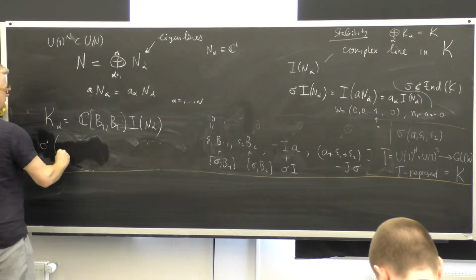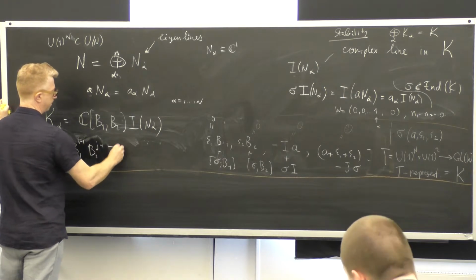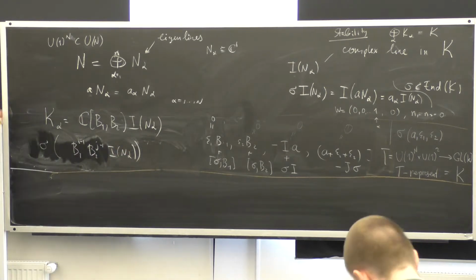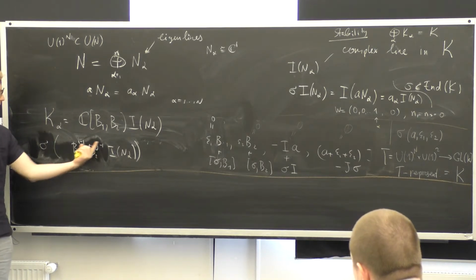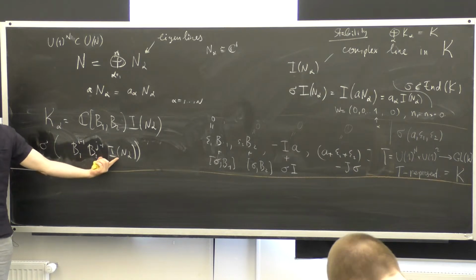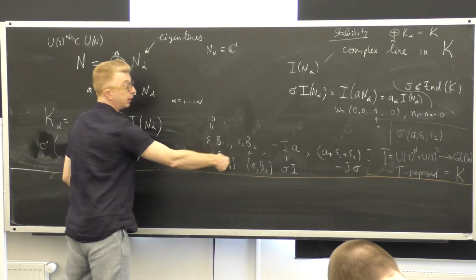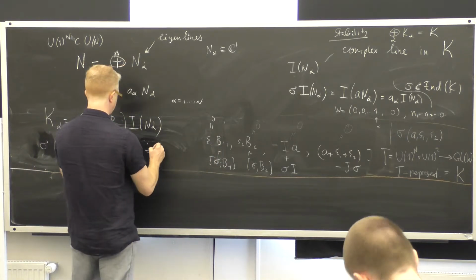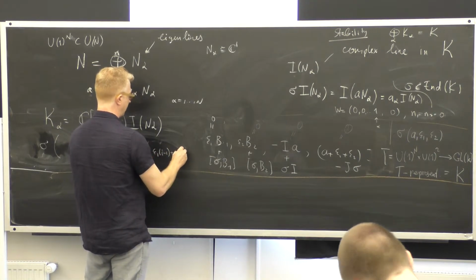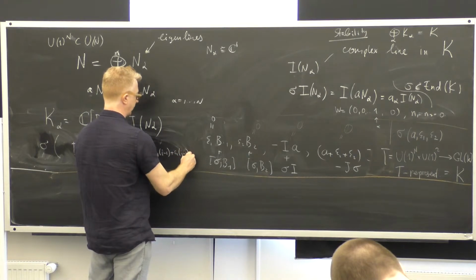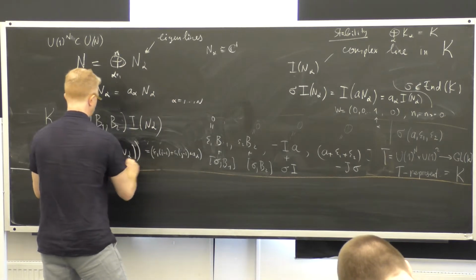It follows that if you act on this vector, which is an example of a vector you can get by acting with B matrices on this eigenline, on the line I of n alpha, then by repeatedly using this equation, you will get immediately that this is an eigenvector, eigenline with the eigenvalue epsilon 1 times i minus 1 plus epsilon 2 times j minus 1 plus a sub alpha times this vector.